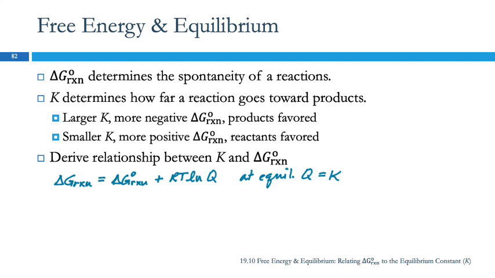At equilibrium, does the reaction go forward or backwards? No, it doesn't go forward or backwards. Delta G is 0 at equilibrium, right? It's not spontaneous in either direction.